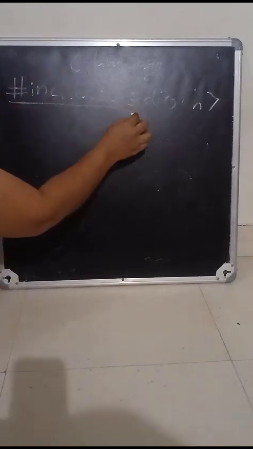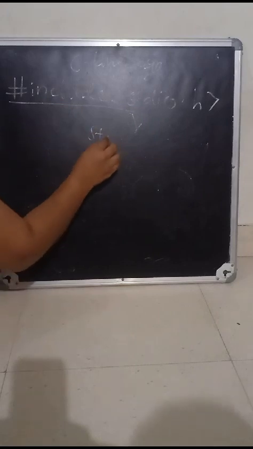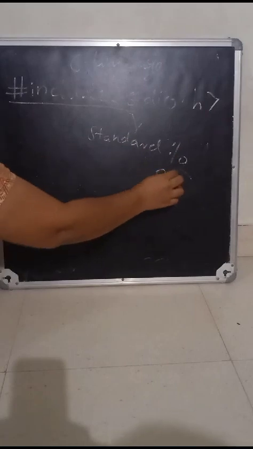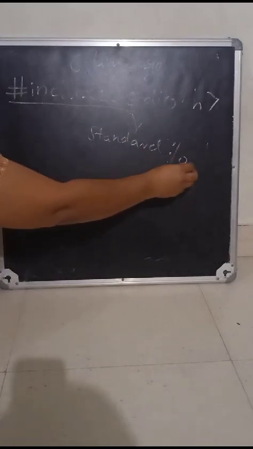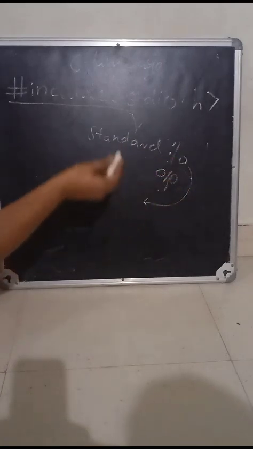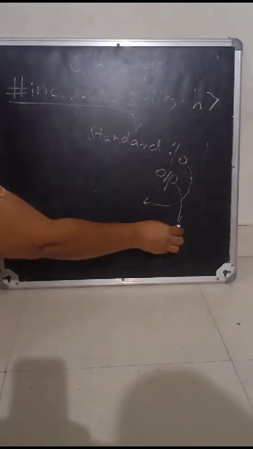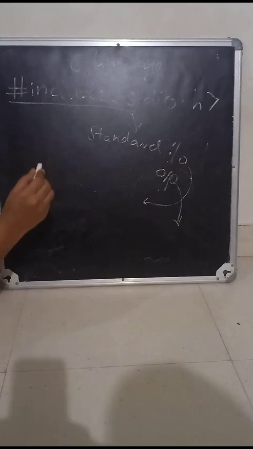The use of this header file is that it contains the predefined functions for standard input and output. For reading the input from the user, I need a scanf statement. For displaying the output, I need a printf statement.